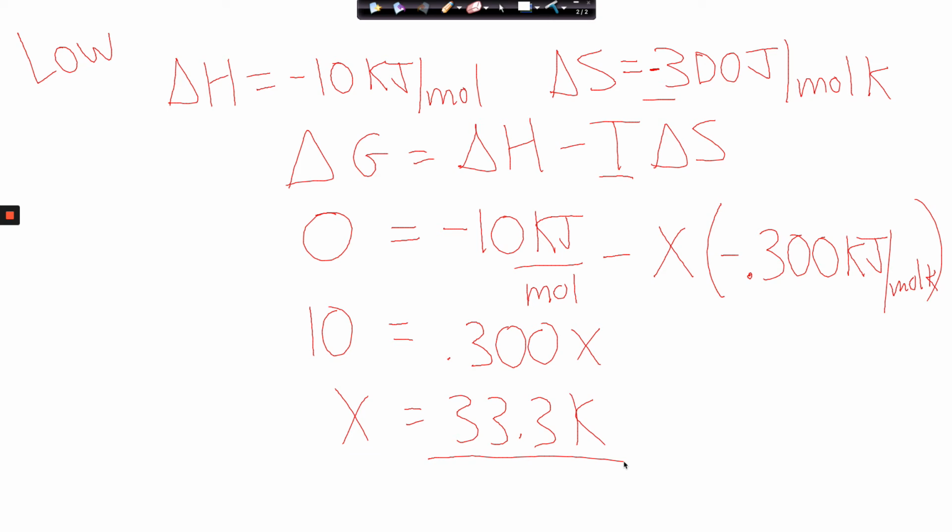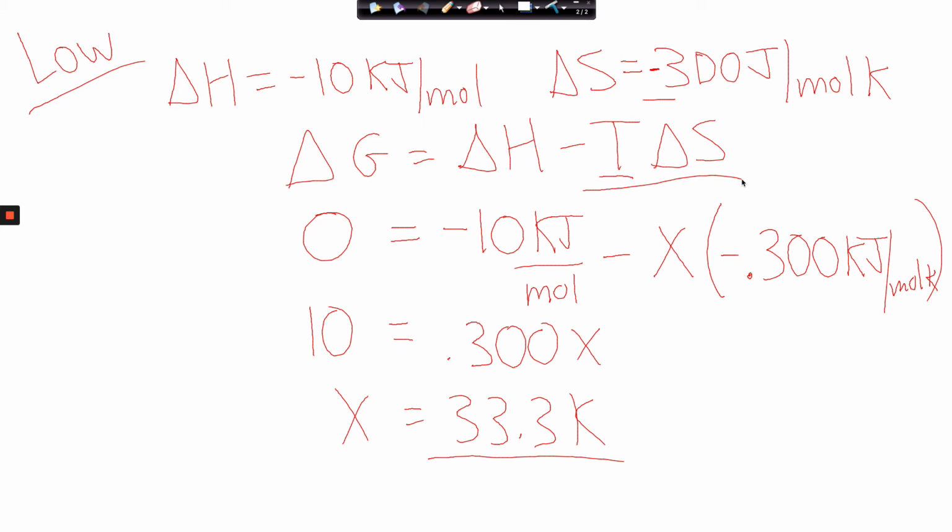But will the spontaneous temperatures be above or below this? That's why we wrote that down. Do you remember how we got that? We said the idea that delta S does not favor spontaneity, therefore this value needs to be smaller, therefore it will be at temperatures below this.